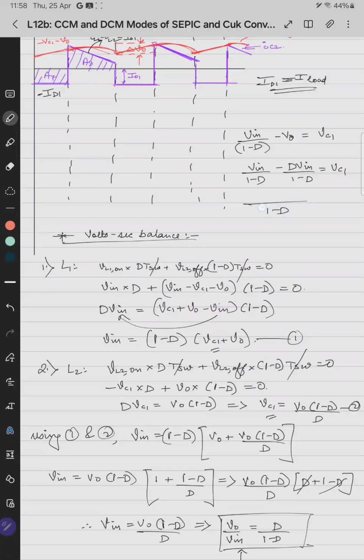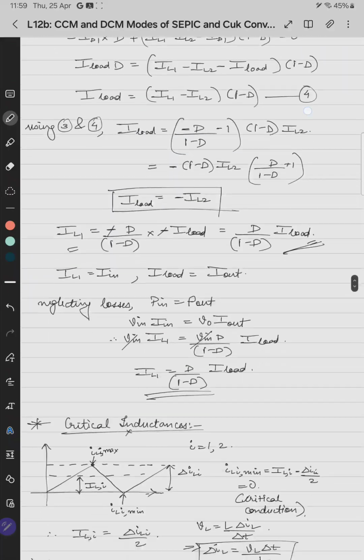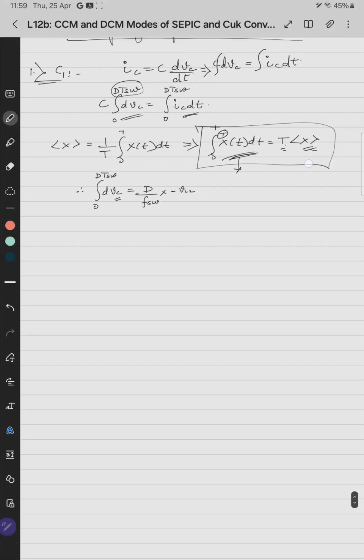The denominator is common, so 1 minus D into Vin is VC1. So the average value of VC1 is directly Vin.